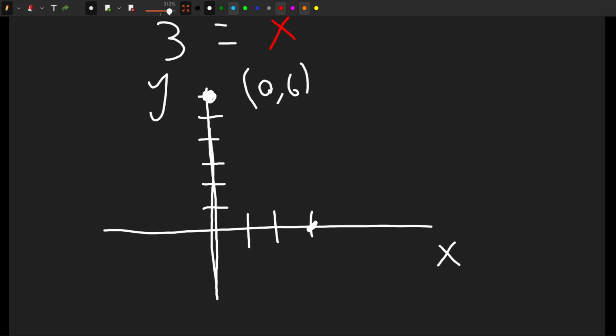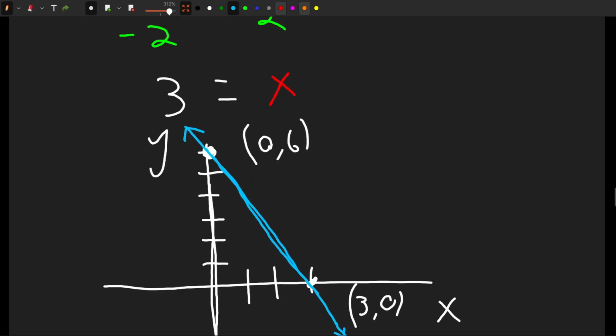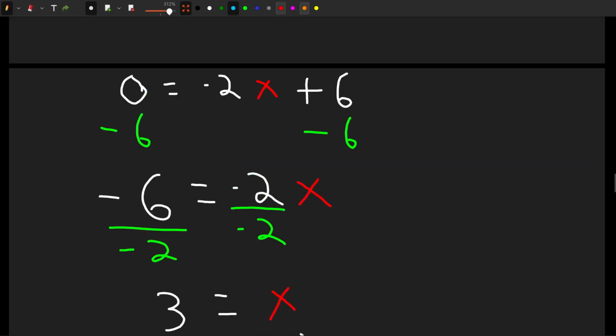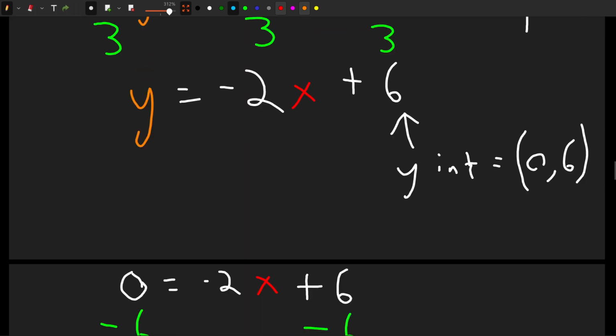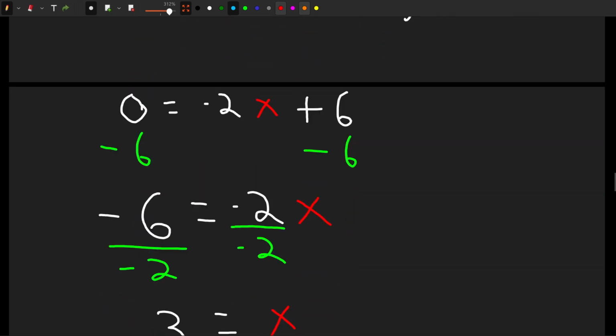I have one point at 3, 0. And now I can graph them together. Just about like that. Whoops. There we go. Additionally, since we have it in slope-intercept form, you can see that the slope is negative, and that lines up with our graph, which is pointing downwards.